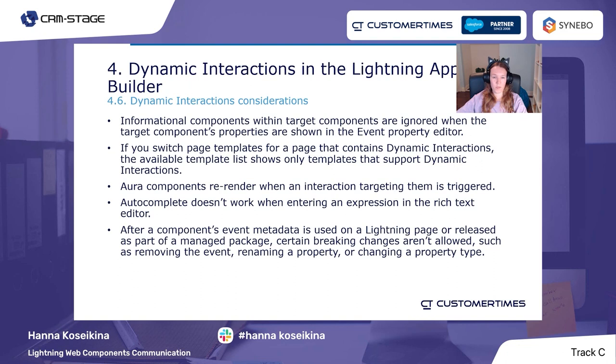If you use dynamic interactions on your Lightning page and you want to switch to another page template, the list of available templates will show only templates that already support dynamic interactions. If you send data to an Aura component, then it will re-render on getting the data, so consider not sending the event if you don't want to lose data without saving. When you use an expression in the rich text editor, autocomplete will not work for it.